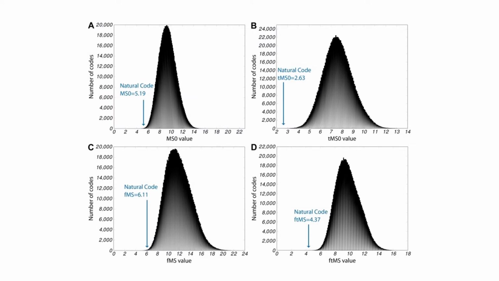So here's a typical graph from this paper, and let me explain to you in rough terms what this graph shows. It is looking at different types of possible errors or mutations, and it looks at the natural genetic code versus 1 million randomly selected codes, which could have been our genetic code, and looks at some measure of the error or the cost of these mutations on the code.